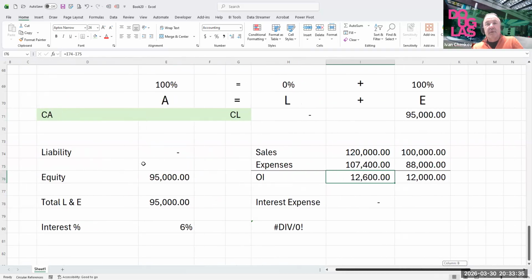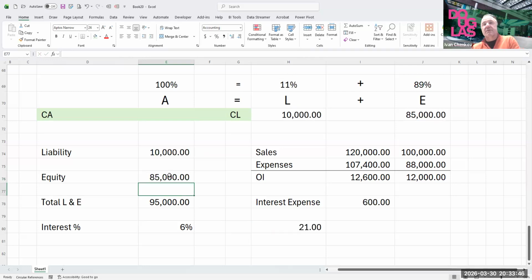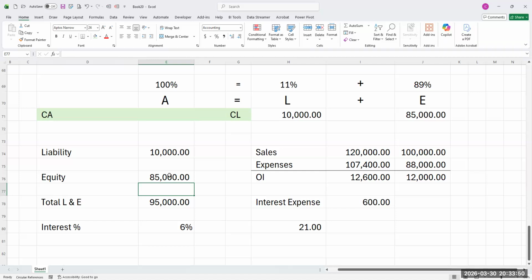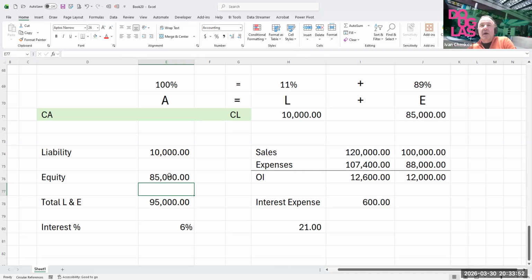So if I introduce 10,000 of liability, does it make sense to add this debt to my capital structure now for the company? No, it does not. Why? Because the additional income that I'm generating just simply covers my expenses.